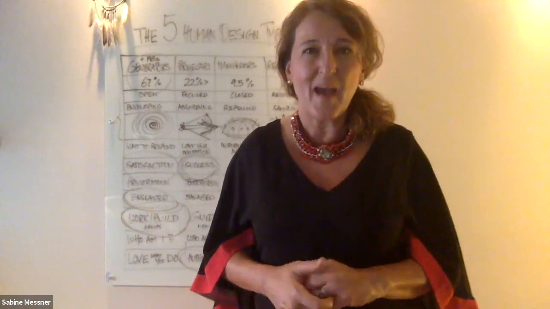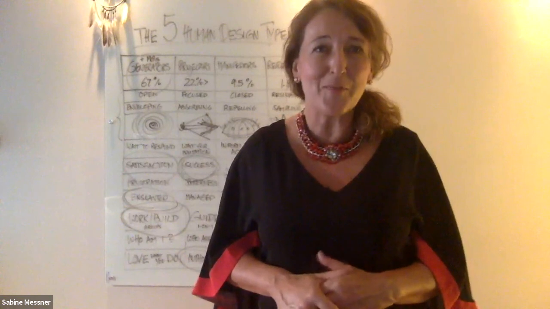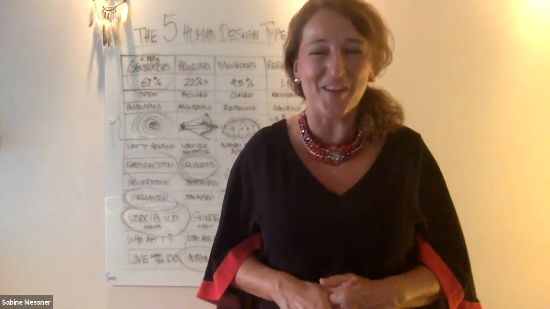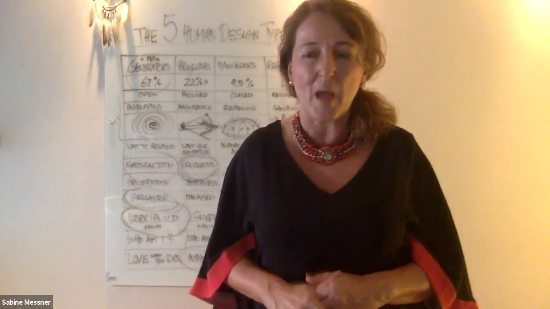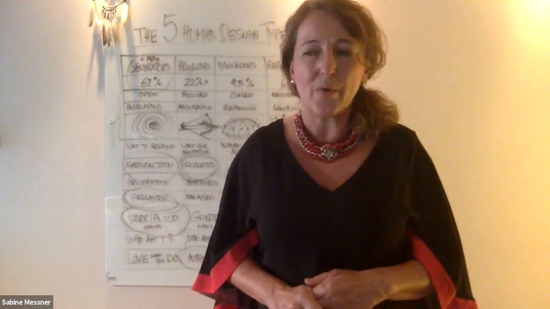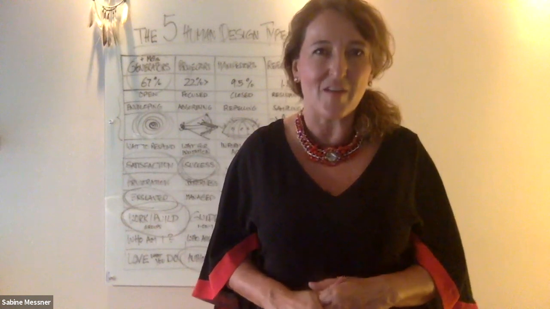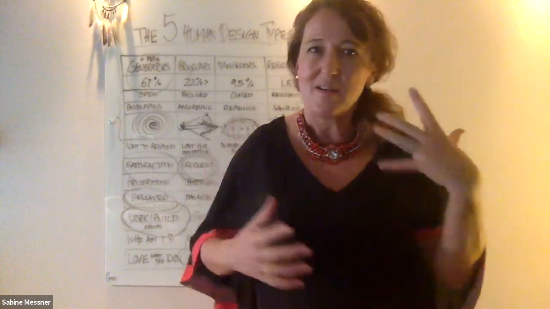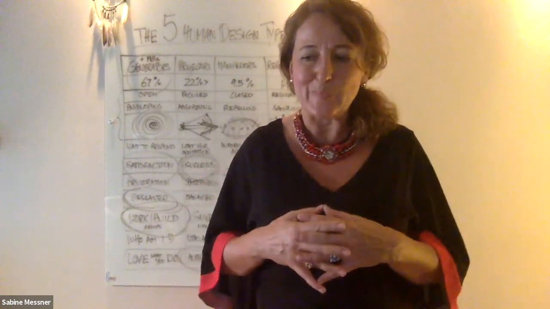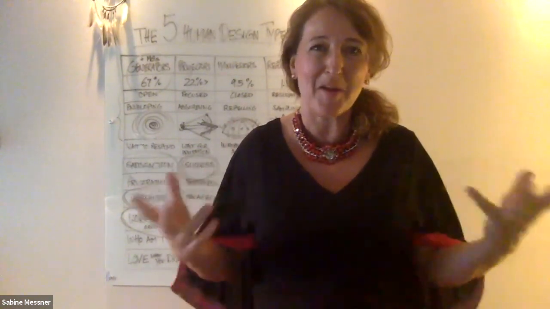So yeah, a little compassion for manifesting generators. They're a handful, but they're very charismatic. And there is something about the world watching manifesting generators and really learning a ton from them, because they're sort of like learning from their own mistakes. They're an experiment in motion, right?